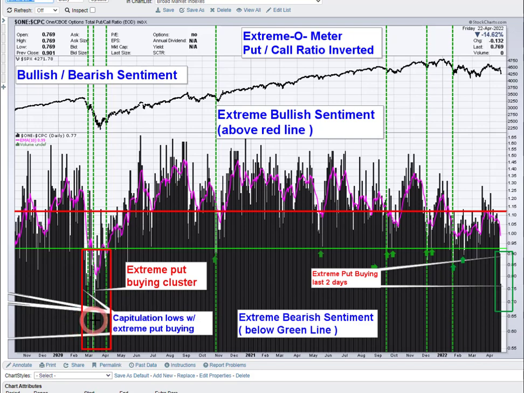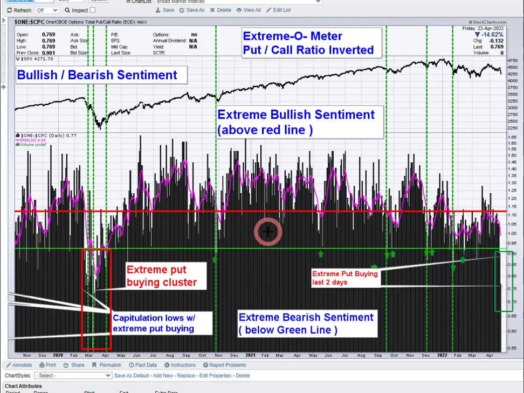And you can see that back here in COVID, we had a massive cluster of put buying. But along the way, when we get down below the green line, those are usually places where we get bounces. You can see them here.